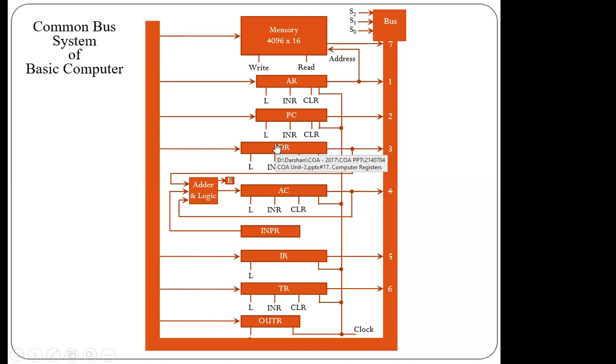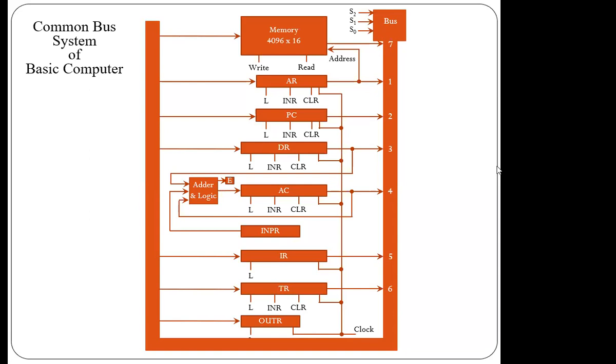As you can all see, one number is written alongside each register. For example, 1 is written in front of AR, 2 in front of PC, 3 in front of DR, 4 in front of AC, and so on, right? So how will writing be achieved? Here you have S2, S1 and S0. These are the 3 selection lines. Whatever number is written alongside the register, for example, the accumulator register has the number 4.